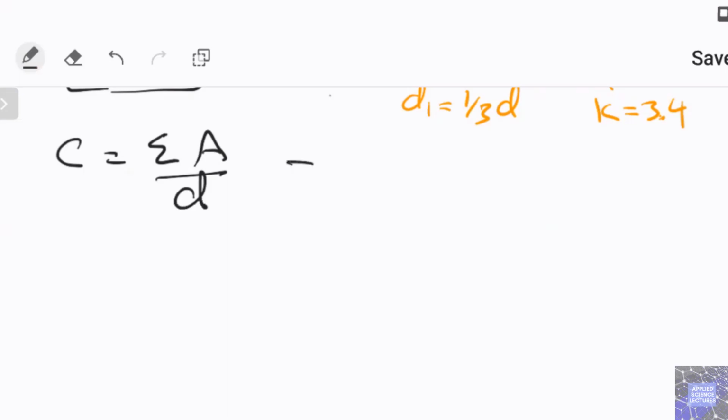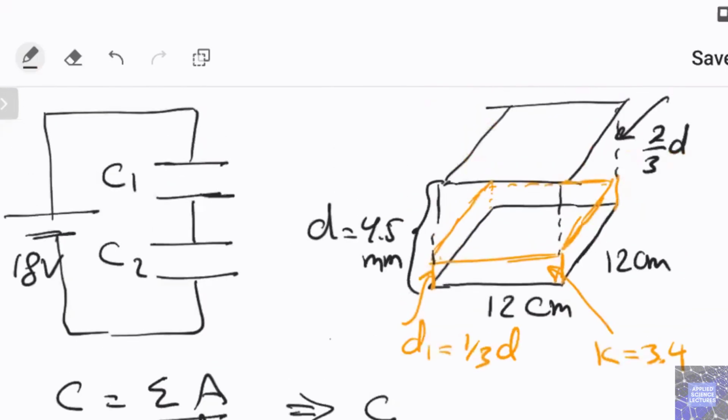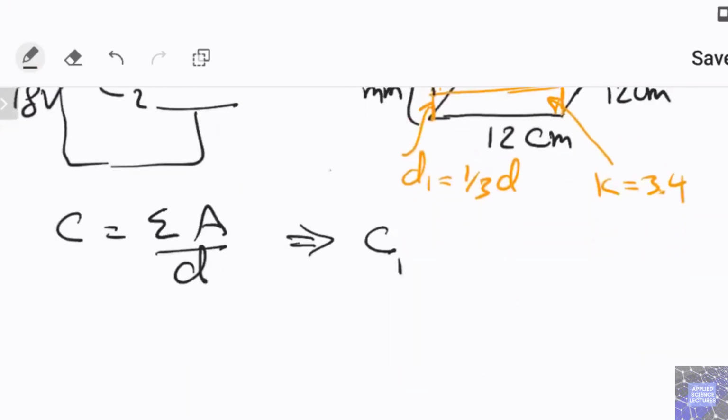So for C1, as for the air case, C1 equals epsilon naught, because the dielectric constant is 1 for air, times A divided by the distance d1, here 2/3 of d.